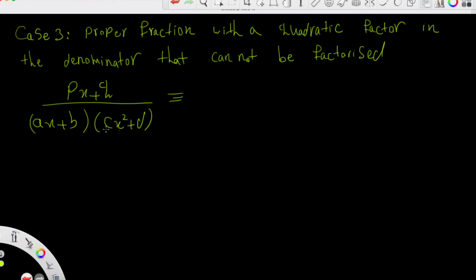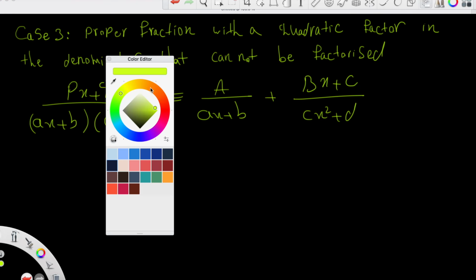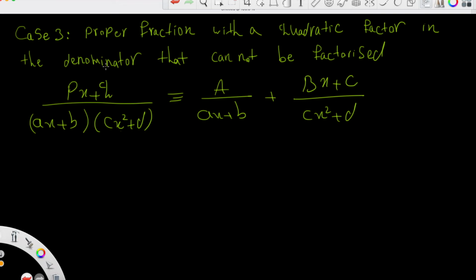Here is a quadratic which cannot be factorized, so it will be a over the first factor, ax plus b, plus, now it cannot be factored, so you write the same factor in the denominator, but as it is quadratic, a linear one is placed as numerator, and a, b and c are the unknown coefficients to be found.